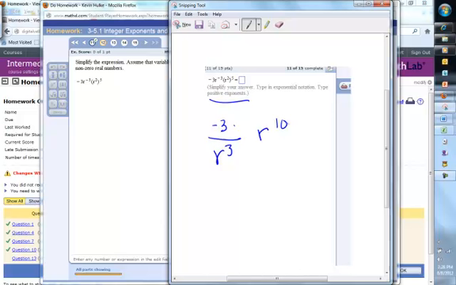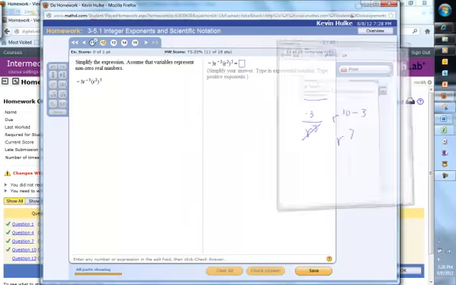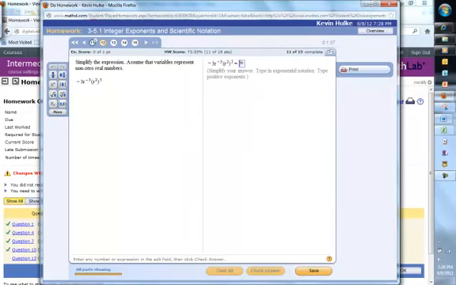So r to the 10th minus 3, because the 3 is on the bottom, so we're going to subtract, is r to the 7th. So we'll have negative 3 r to the 7th. Number 13.